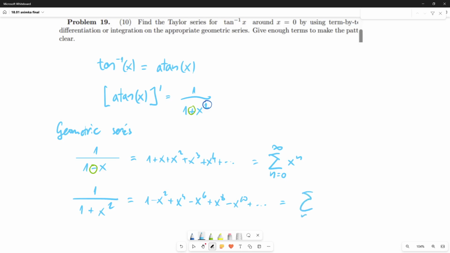So we can write this down as a sum where n goes from 0 to infinity of minus 1 to the power of n times x to the power of 2n.